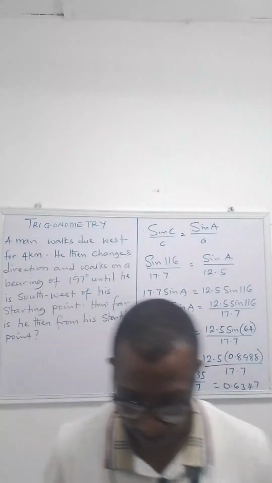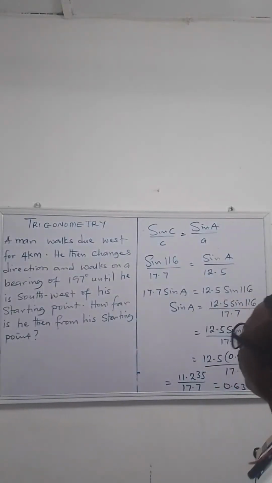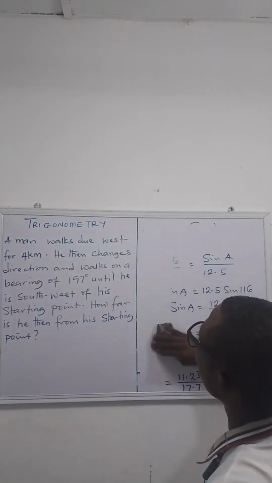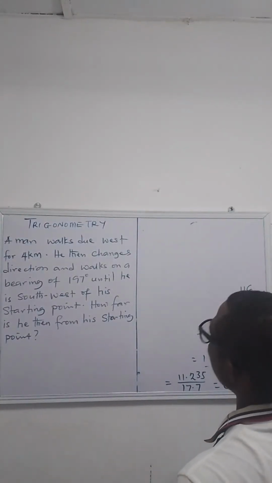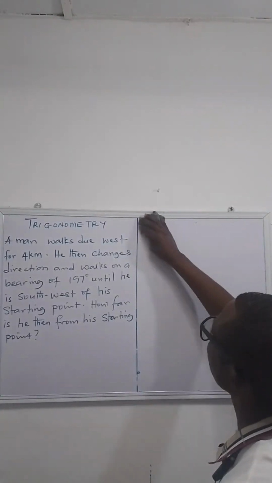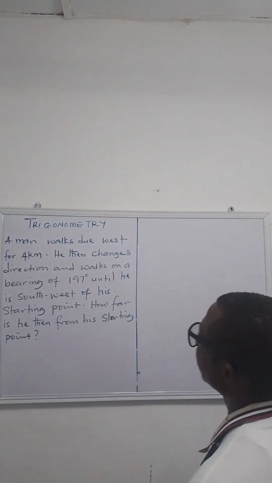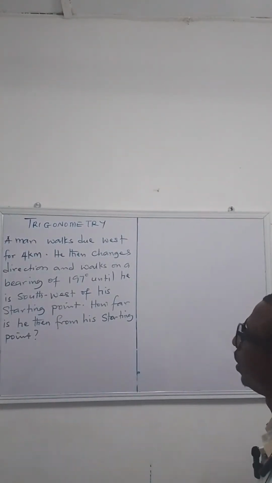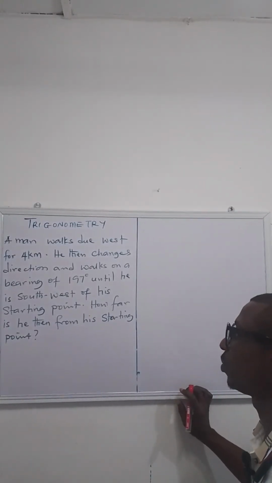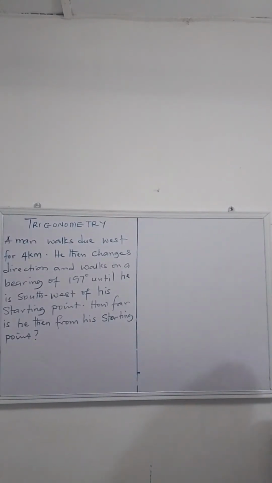Okay, so that is the question on the board. A man walks due west for 4 kilometers. He then changes direction and walks on a bearing of 197 degrees until he is southwest of his starting point. How far is he from his starting point?